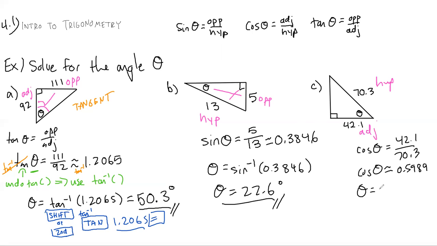And so I'll use my inverse cos. I don't like this calculator. It's not easy to use. There we go. Oh, 53.2 degrees.